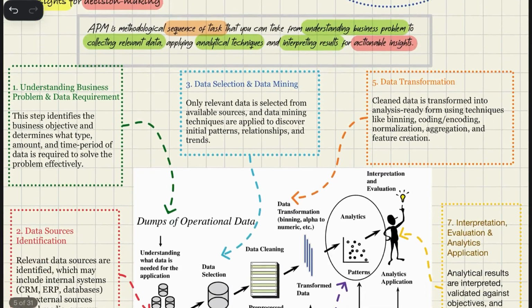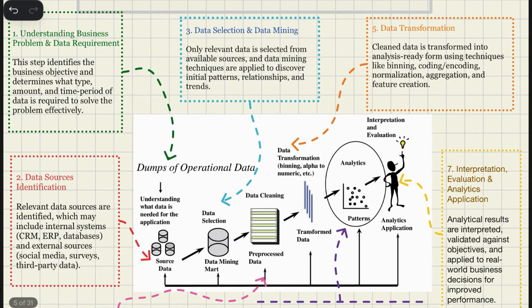Right. So the very first step is to understand the business problem and requirement. When you know that there is a problem, you first read about the problem, not just jump into the solution. So defining exactly what the problem is, is step one.